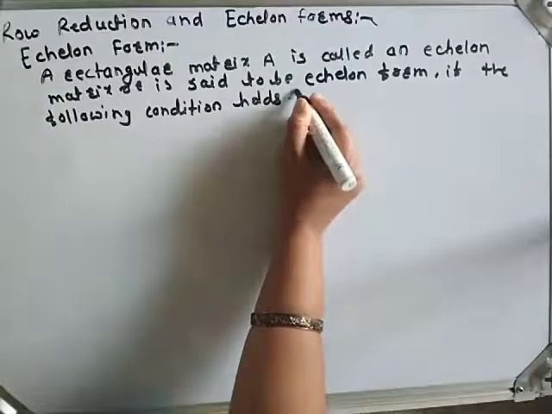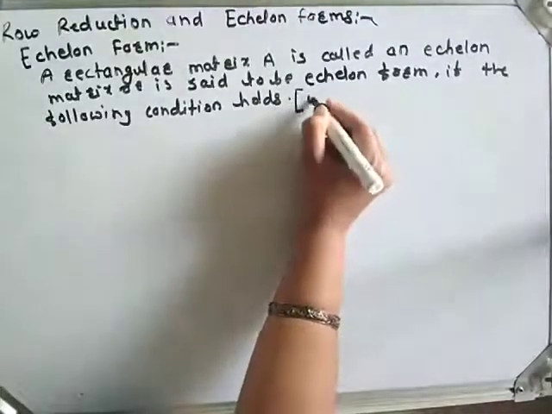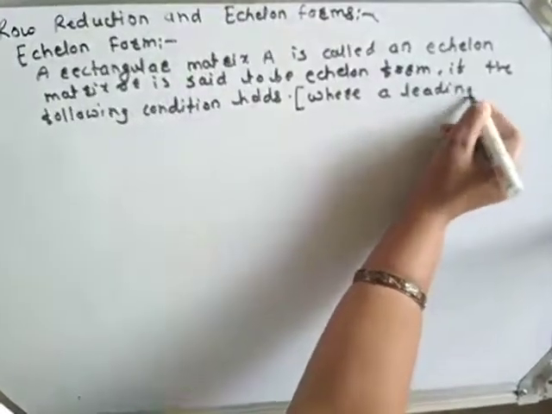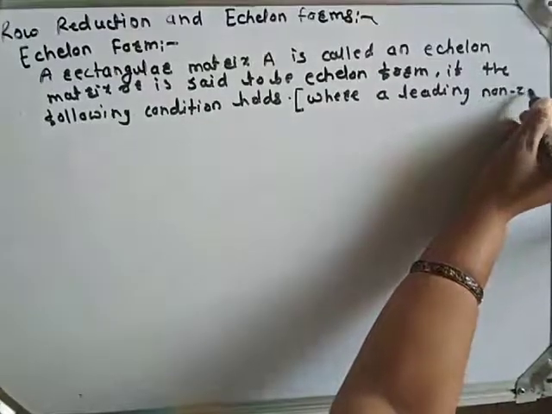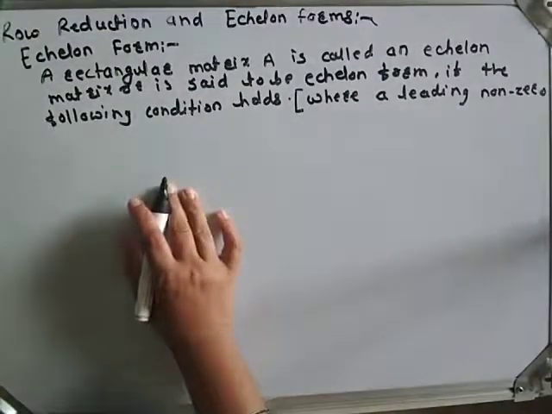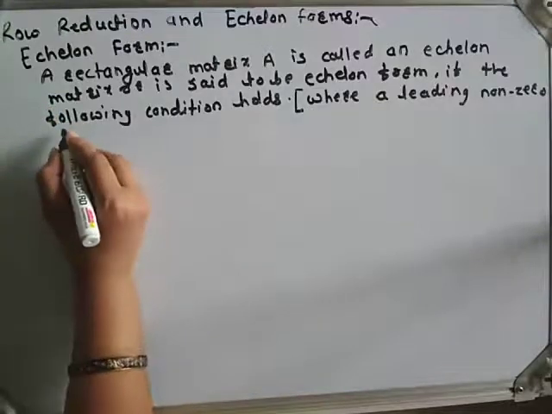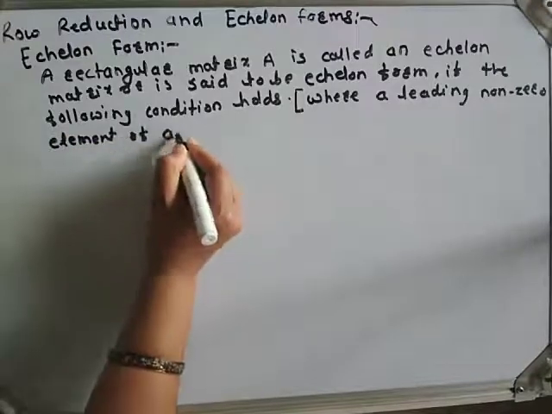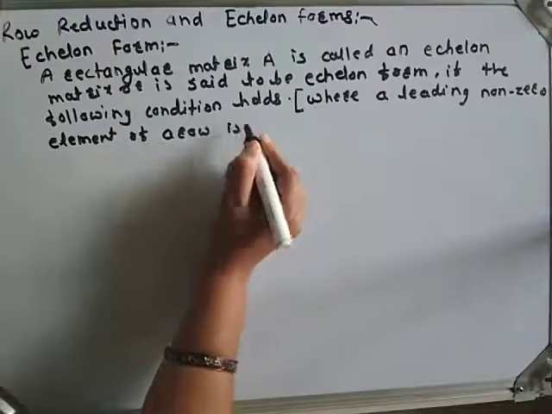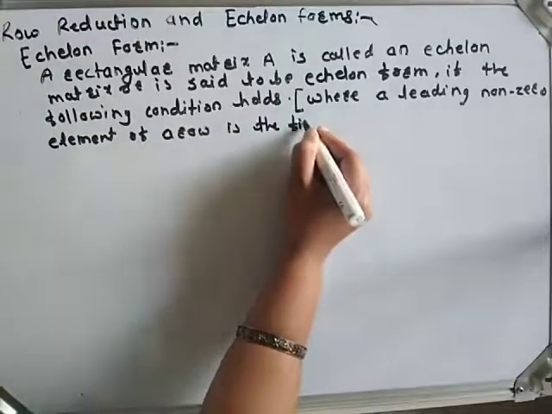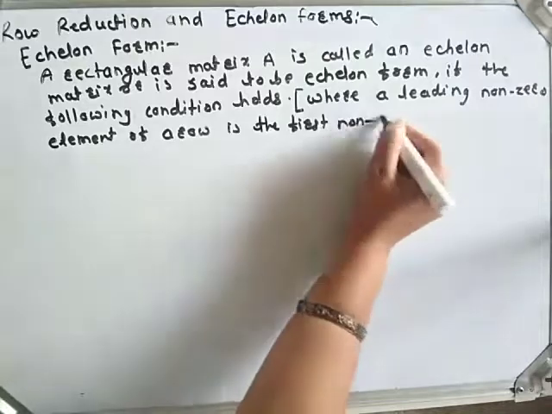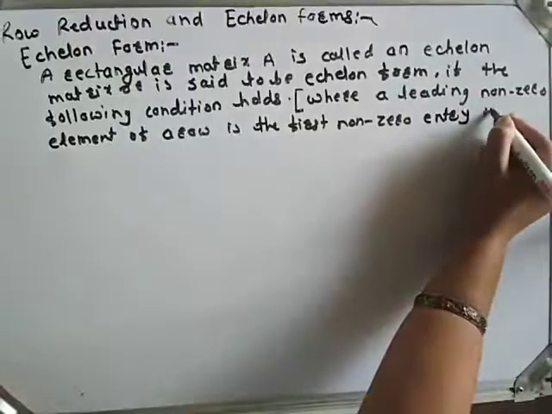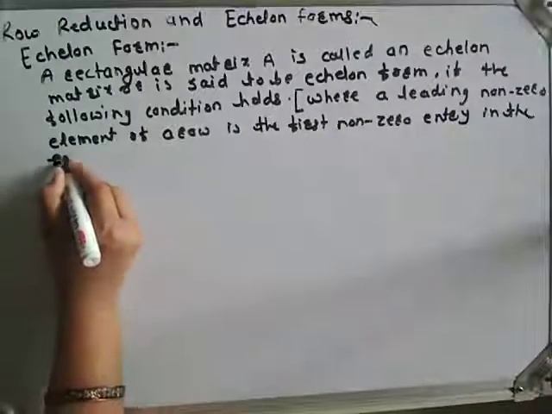Here, a leading non-zero element of a row is the first non-zero entry in the row.